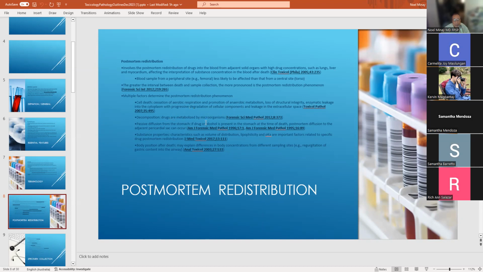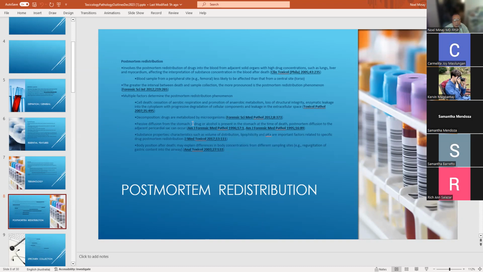Next, decomposition. Drugs are metabolized by microorganisms. Kaya pag nilibing na yung tao and it is decomposed, mahirap nang ma-detect usually yung poison. And subject to forensic investigations, forensics. Science of forensic biology or forensic chemistry. Okay. Passive diffusion from the stomach.